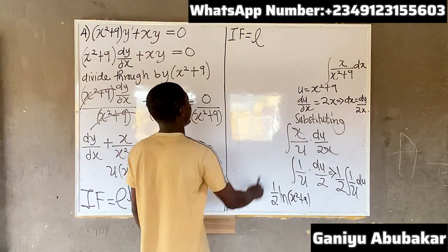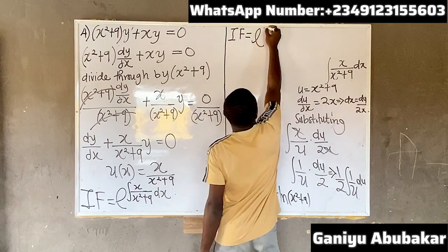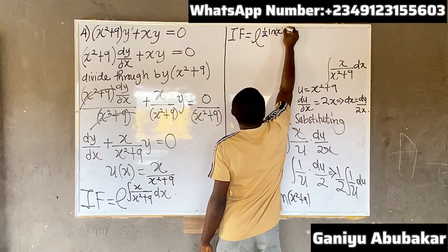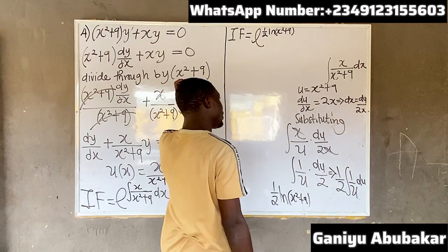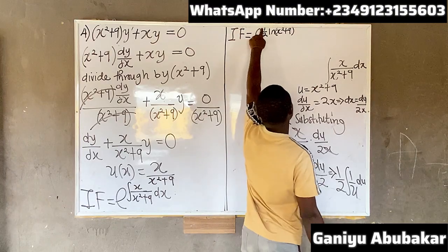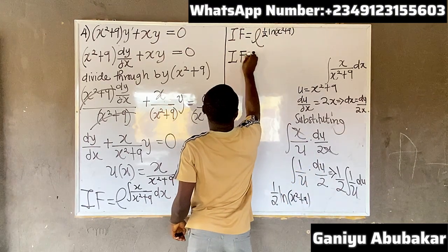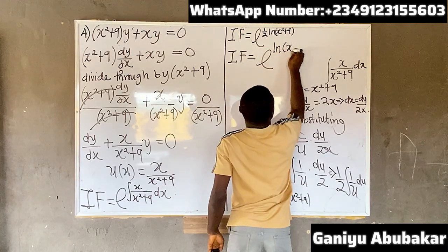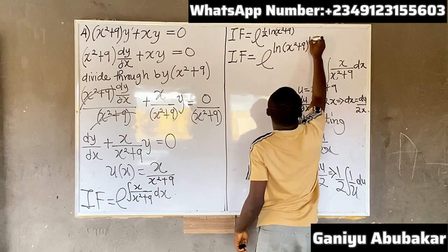So from here, my exponential becomes e to the power of 1 over 2 ln (x squared plus 9). That's the value here. We said if I have a logarithm, this half can come to the power here. So IF can still be expressed as the exponential of ln (x squared plus 9) to the power of 1 over 2.